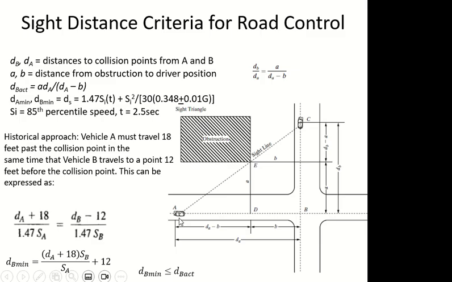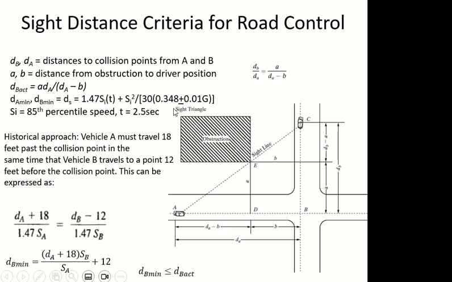So if the driver at point A looks at the other side and sees another car coming too fast, and thinks I should stop, then his stop should be before point B. So when he decides to stop, the distance between point A and point B should be enough for him to stop. In other words, this distance should be at least equal to his stopping sight distance.